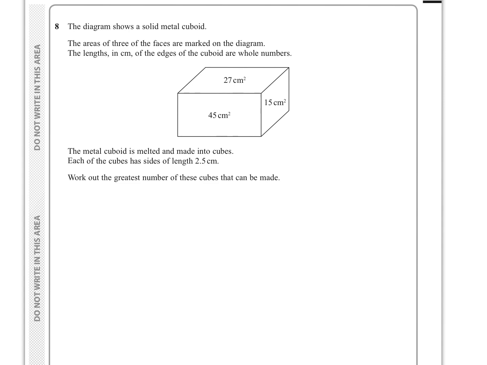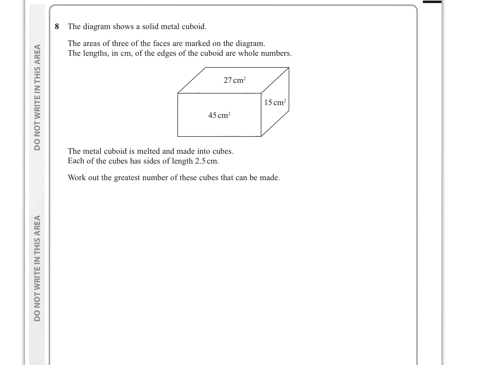Question 8. The diagram shows a solid metal cuboid, and we're given the areas of three of the faces. They're marked, and the lengths in centimetres of the edges of the cuboid are whole numbers. Okay, so I think a little bit of trial and error, but not too much.